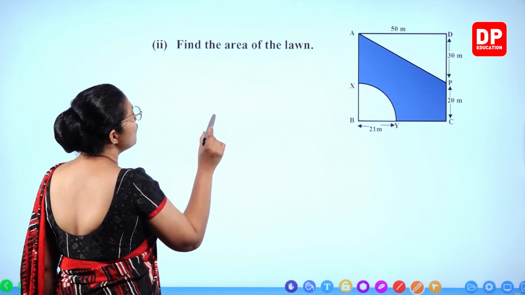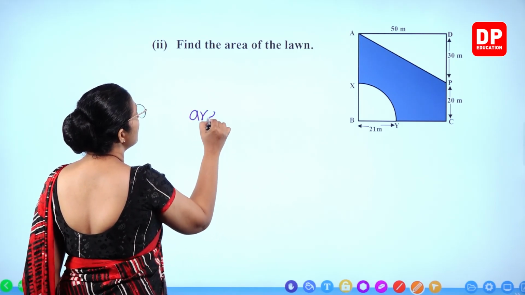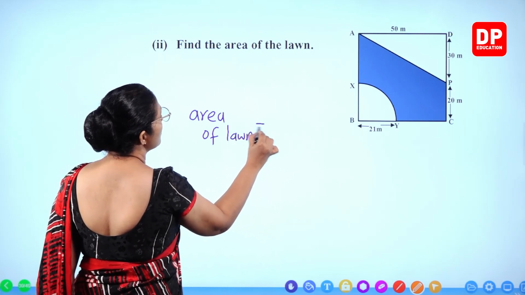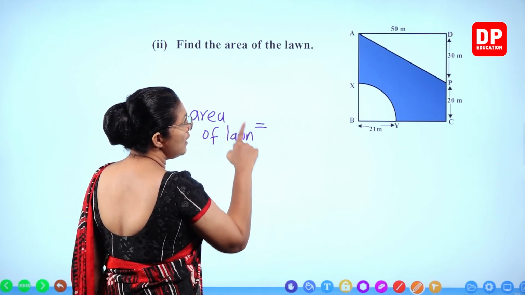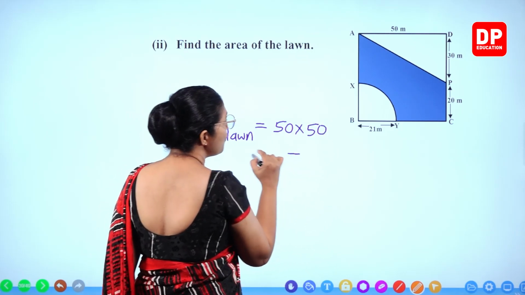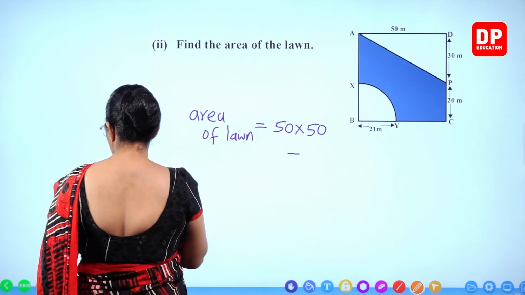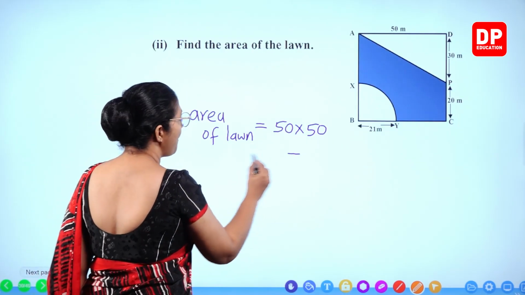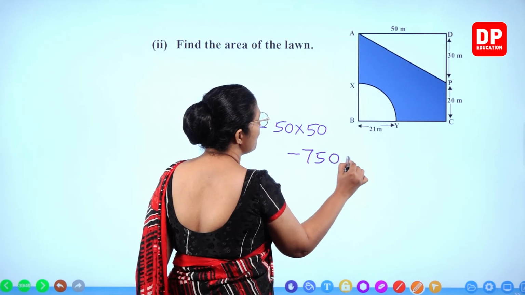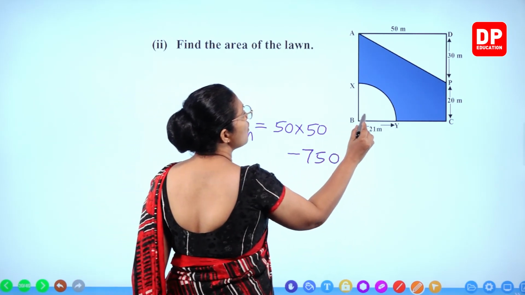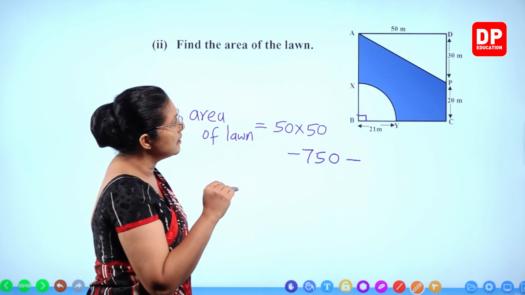So area of the lawn is equal to, full area is 50 times 50, and then subtract the area of the triangle that we found. That's 750, and you have to subtract the area of the sector, quarter of a circle.